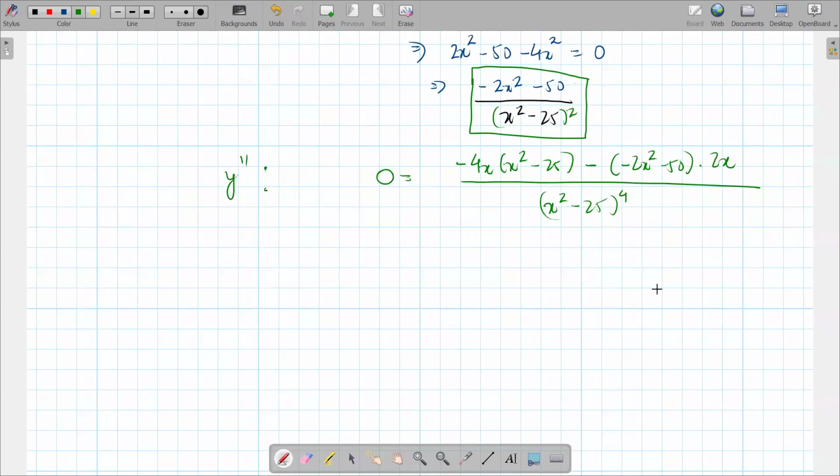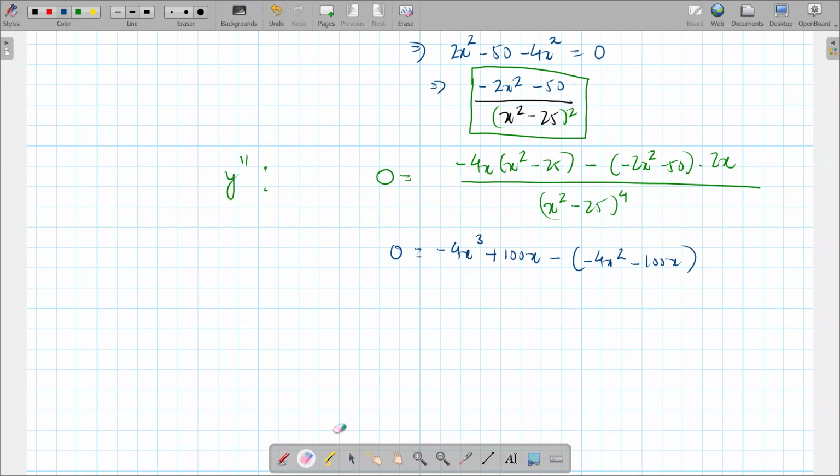Does the denominator go away? What happens if we multiply both sides by the denominator? Does it disappear? Yeah, it's gone. So we have 0 is equal to negative 4x cubed plus 100x, going to be very careful here, minus negative 4x squared minus 100x.